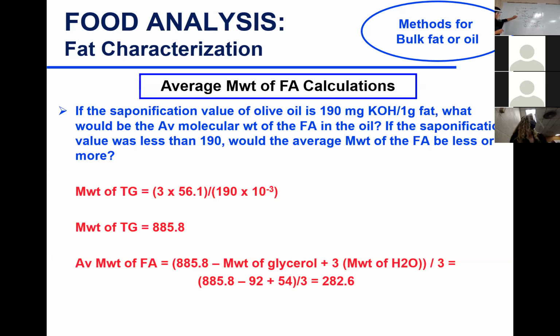To get the average molecular weight of fatty acid, I need to apply this equation: 1 triglyceride reacts with 3 H2O, or 3 molecules of water, to give you 1 glycerol and 3 fatty acids. I'm just going to erase this for a second.